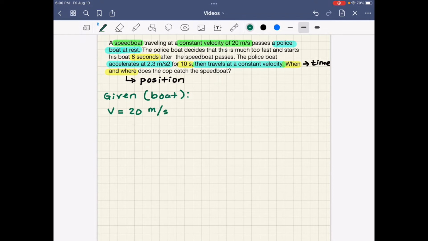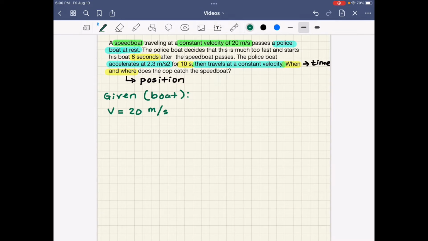And then we have 2 different times, right? I said we should try to use the reference frame of the police boat. So for the 8 seconds we have, yeah, that's okay, right? Like he's moving. However, we want to know where he was at 18 seconds in. Why do we want to know 18 seconds?